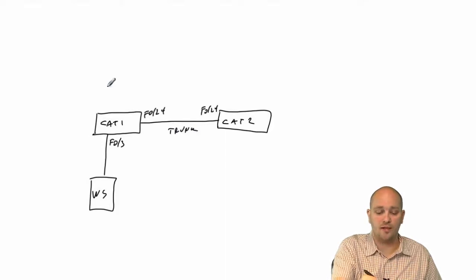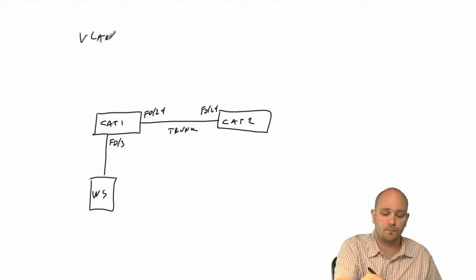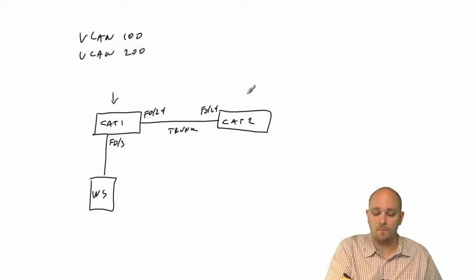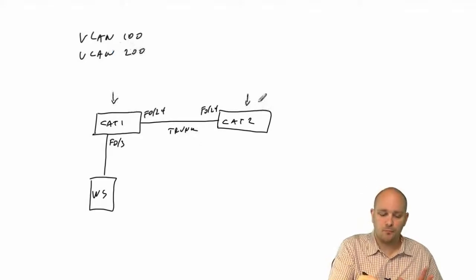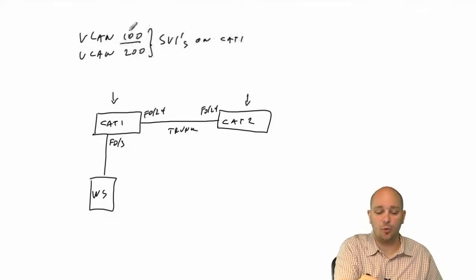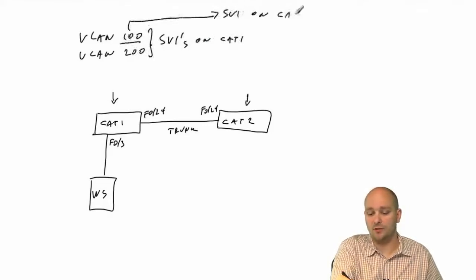And I'm going to create two VLANs, VLAN 100 and VLAN 200, on both Cat1 and Cat2. I'm then going to create two SVIs on Cat1 and only a VLAN 100 SVI on Cat2.